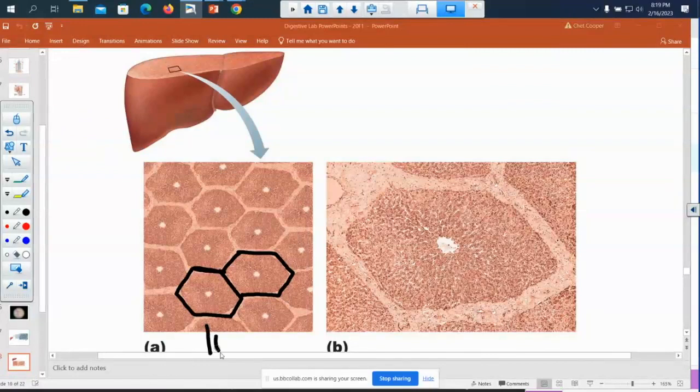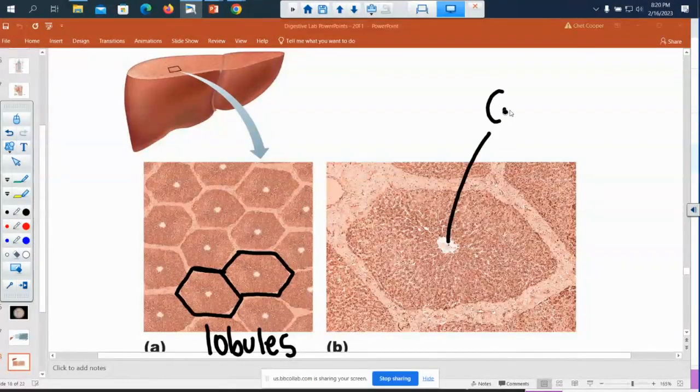So those things are called lobules because they're tiny lobes. The liver has big lobes, and these are the little parts within the lobes, so they're called lobules. In the center of every lobule is a hole, but it's not just a hole, it's not just a lumen, it's an actual blood vessel.